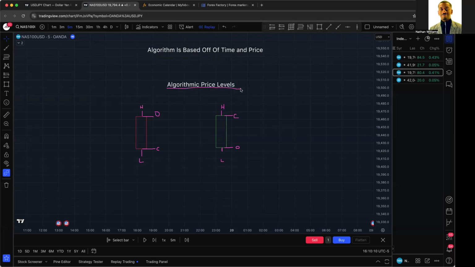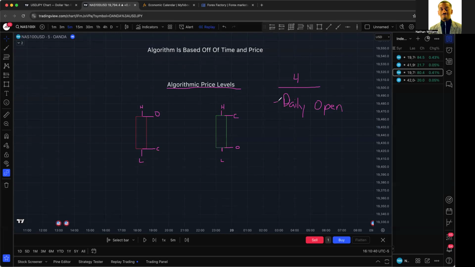There are certain ones that are key, and I'll walk you through. There are four. The open of the day, we call it the daily open, which changes depending on the asset you're trading, because some assets don't always open at a certain time. For example, your indexes and commodities open at different times than forex pairs.